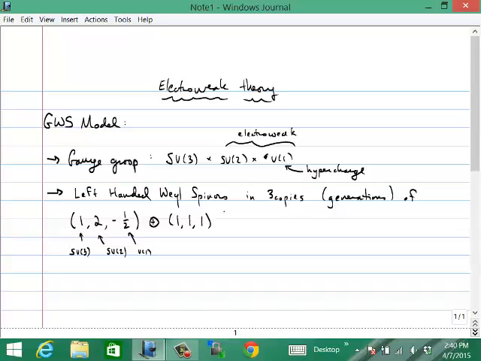So these are the 2 leptons here. They're leptons because they are SU3 singlets. Leptons, by definition, are particles that don't carry color charge, that don't carry an SU3 index. In this first case, we have a doublet, which is the lepton doublet containing the electron and the neutrino. And here we have the positron.